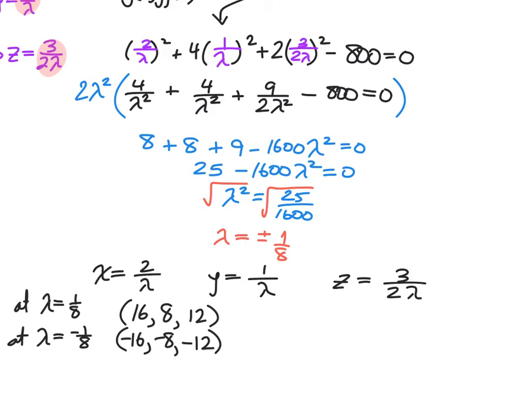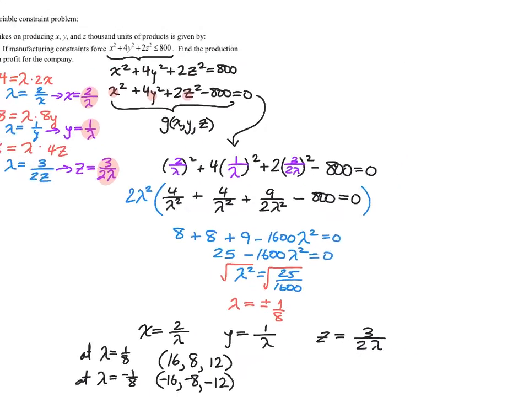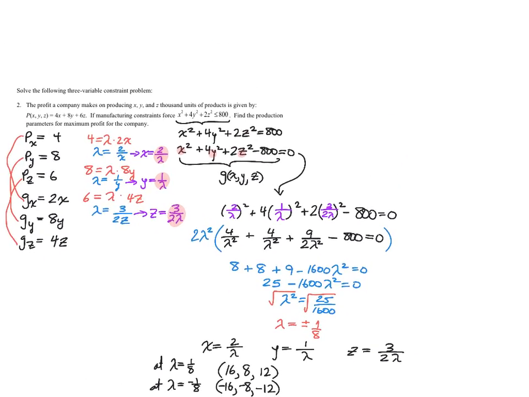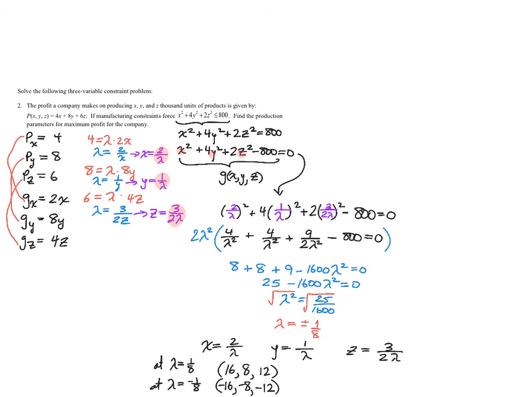All right. So we do have to answer the question that's being posed. It says, find the production parameters for maximum profit for the company. The parameters again are x, y, and z thousands of units. So it makes it seem, rightly so, that the negatives wouldn't really make sense here.